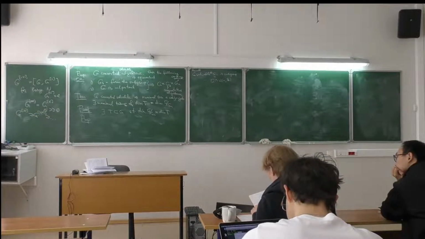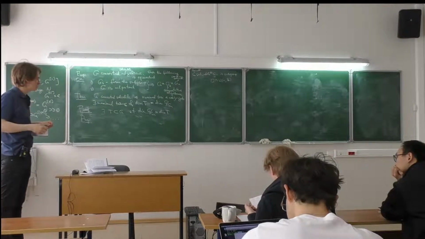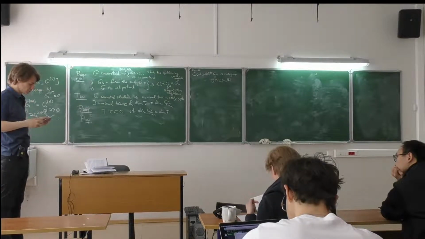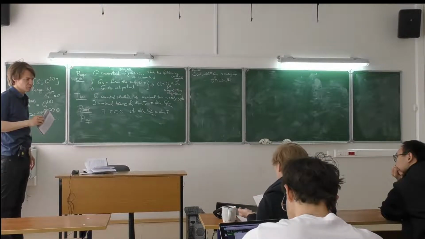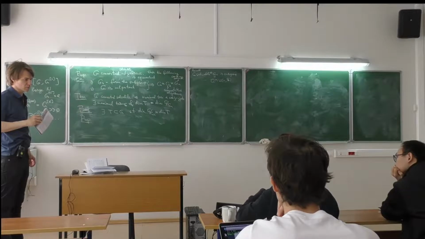I see here that we have proved that if G is affine algebraic over an algebraically closed field, then the maximal tori are conjugate. Is it related to our case?